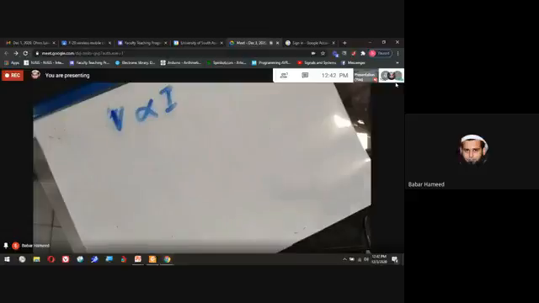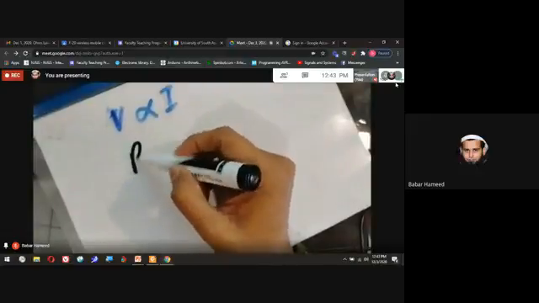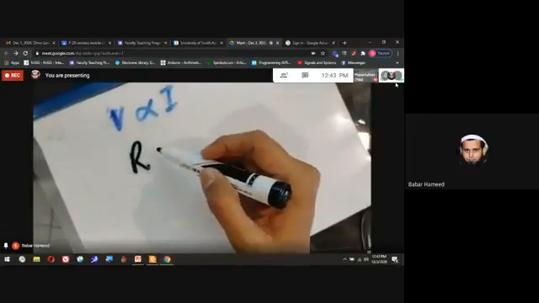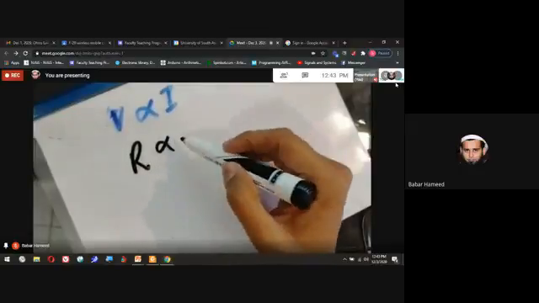How can I claim that? We studied that the resistance of a material is directly proportional to its length.